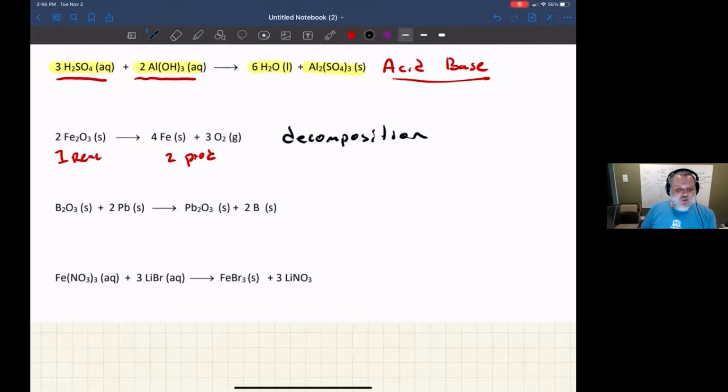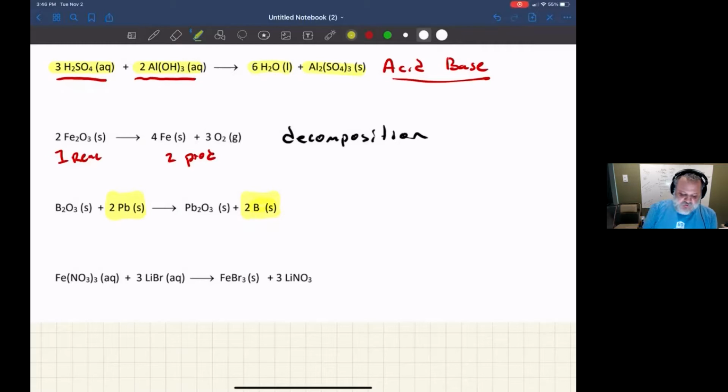Okay, well, what do I got in the next one? Well, it looks like a pretty complicated reaction, but I want to point out one thing. I have some isolated elements in the reaction. And the isolated elements that are in the reaction switch throughout the course of the reaction.